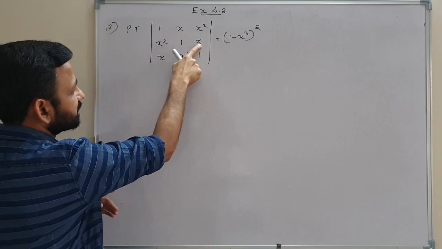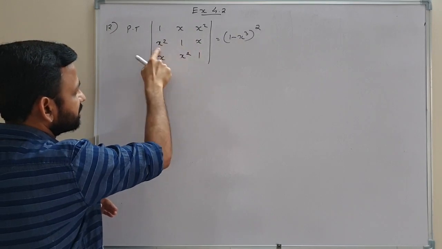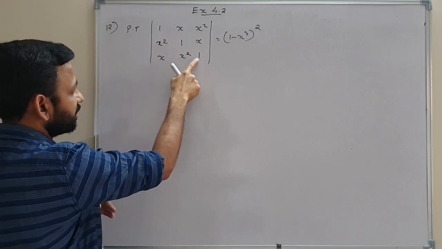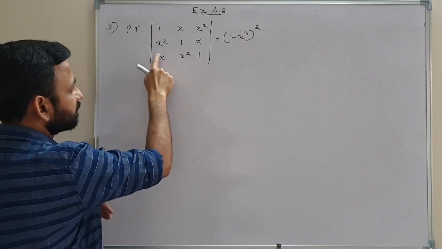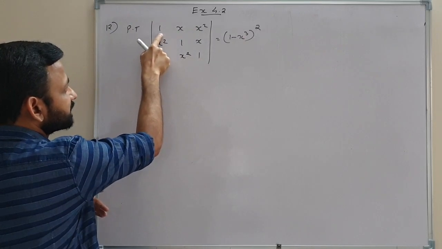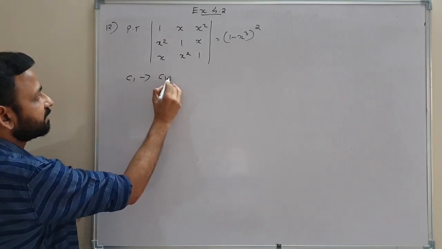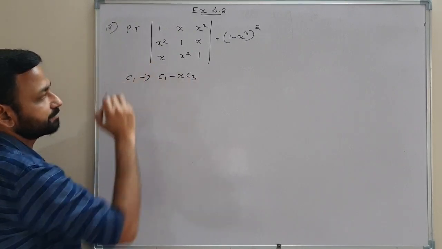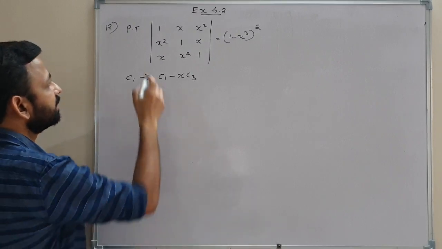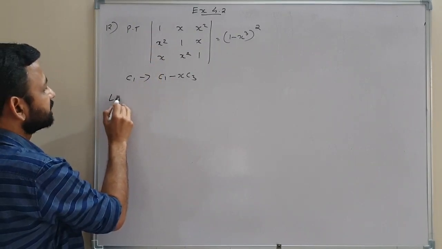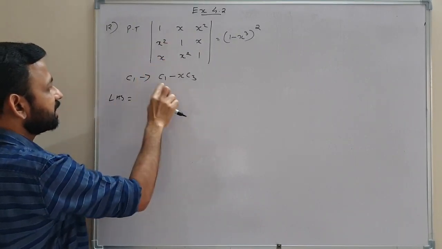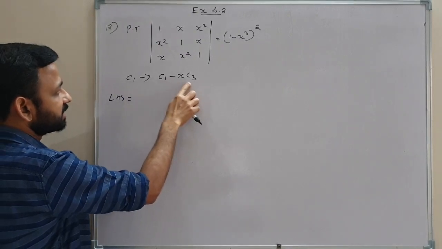X square minus x into x, that is x square minus x square, 0. X into 1, that is x minus x, 0. So we will get a 0 here. If we do this operation, C1 gives C1 minus x into C3, we will get LHS equal to C1 minus x into C3.